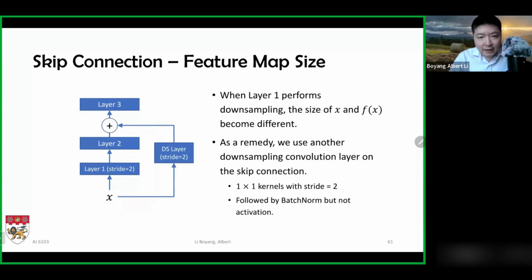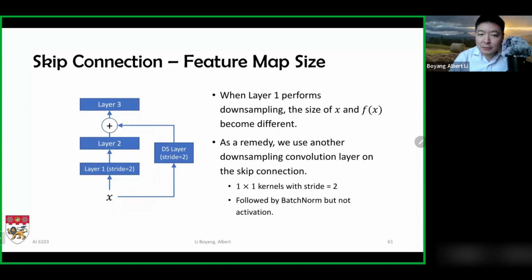Now, a caveat is that if the input and the output are of different spatial dimensions, then we would not be able to perform the addition operation, right? Because if you want to add two matrices or two tensors, they must have the same size.